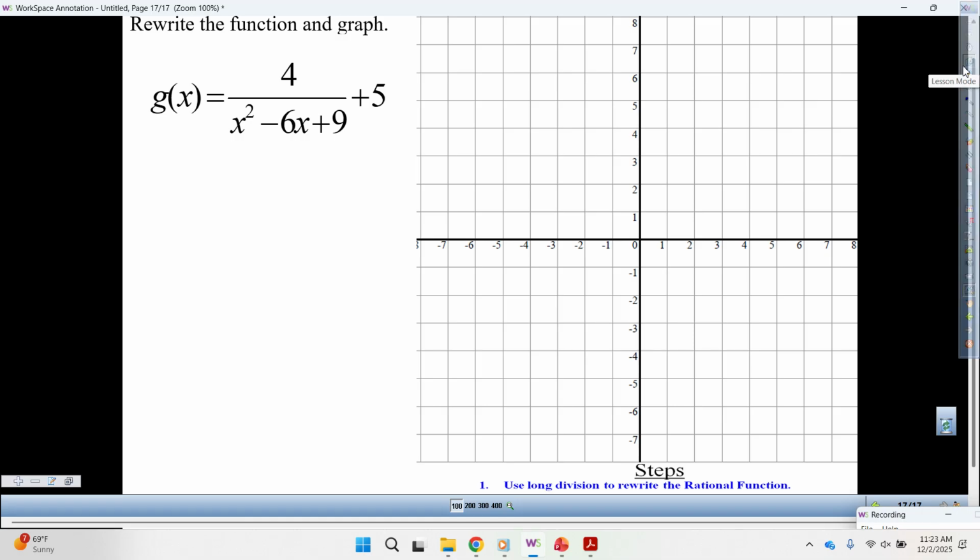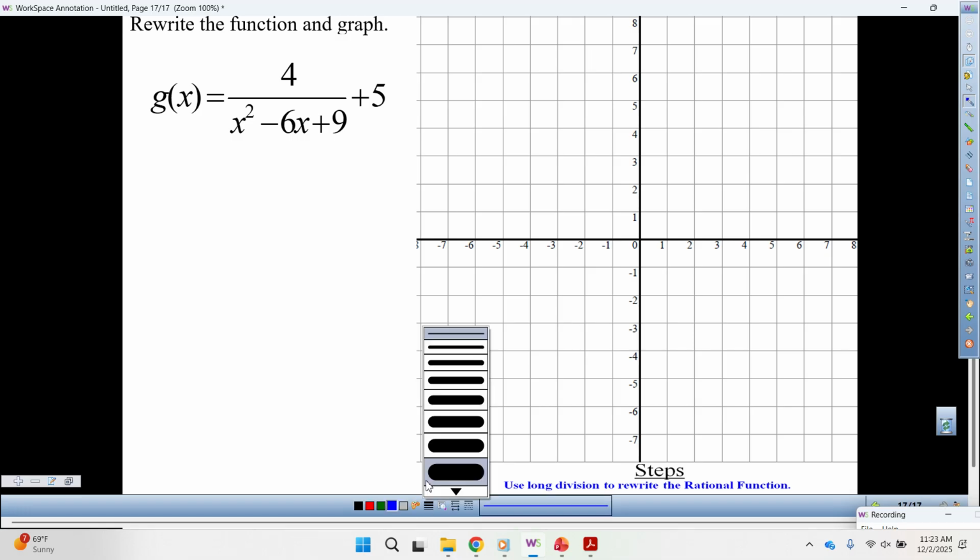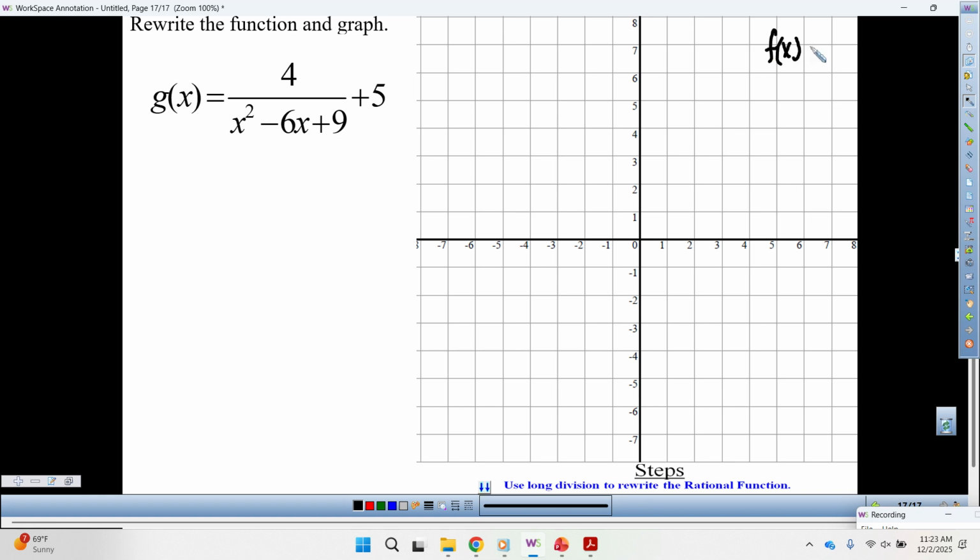All right, remind your neighbor, what is the first step? What do we do first? Yes, graph f of x. Our f of x is 1 over x, but does this denominator have a squared? Yes, so you put a squared on that. We go with our HA at 0, our VA also at 0.